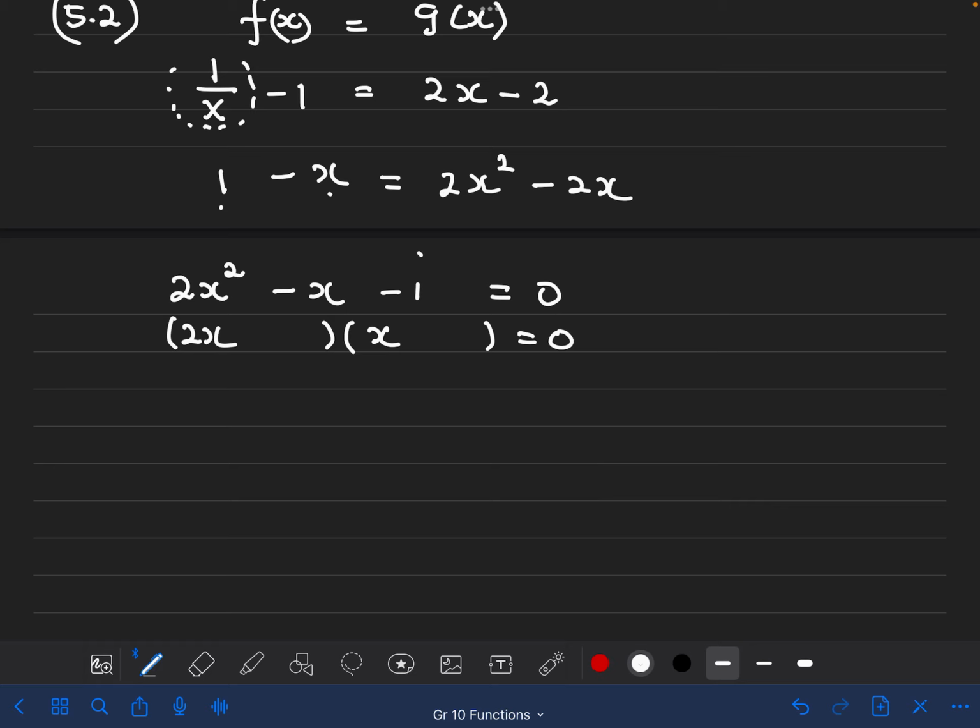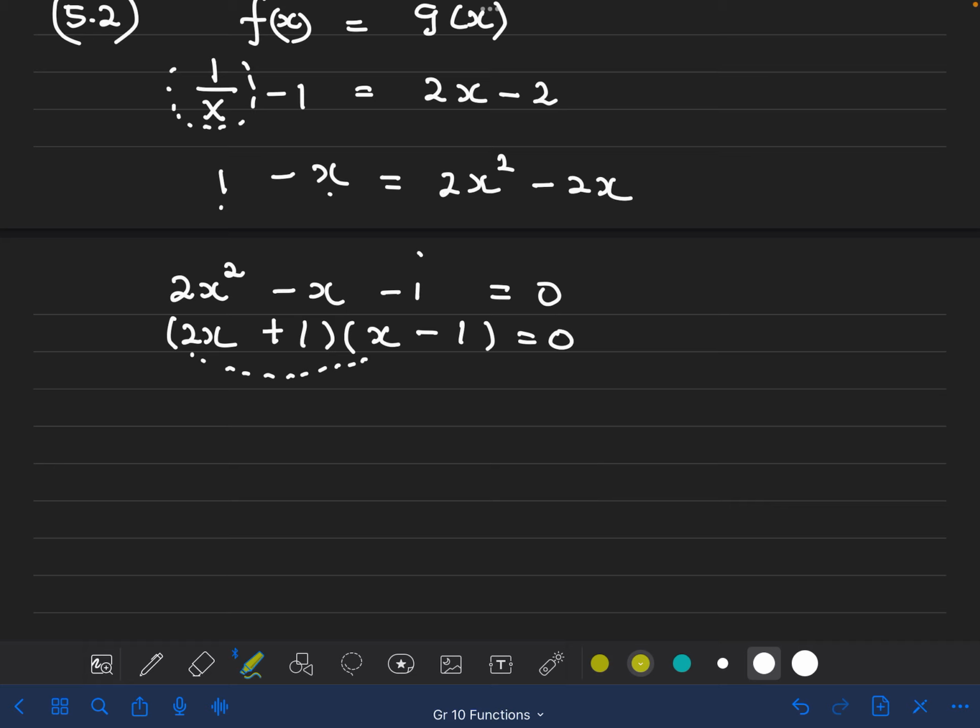Just take note, though, that we've got 2x over here, right? So let us check. We're going to need positive 1 and negative 1. So negative 1 plus 1. So 2x times x. Okay, let me do this.